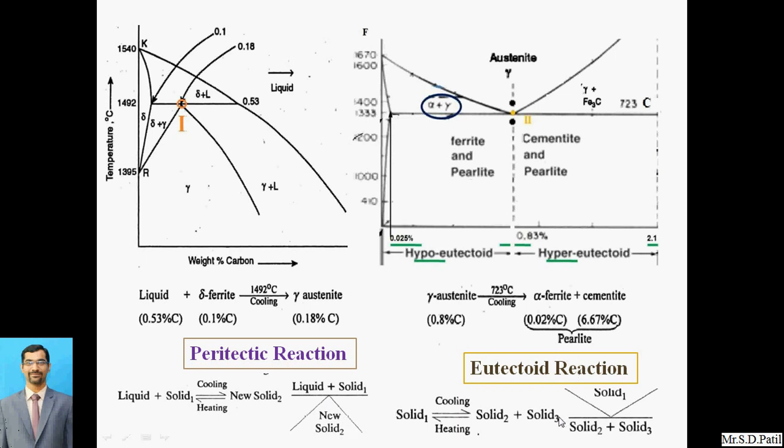Similarly, for eutectoid reactions, here I think it has been clear to you, and this particular phase, again we can divide into the hypoperitectic and hyperperitectic stages.